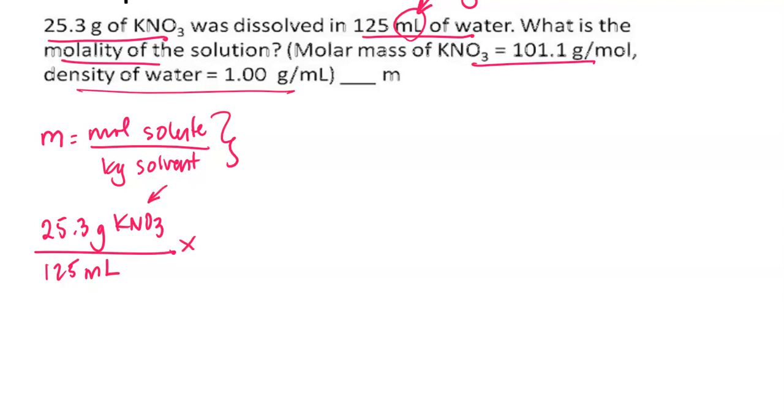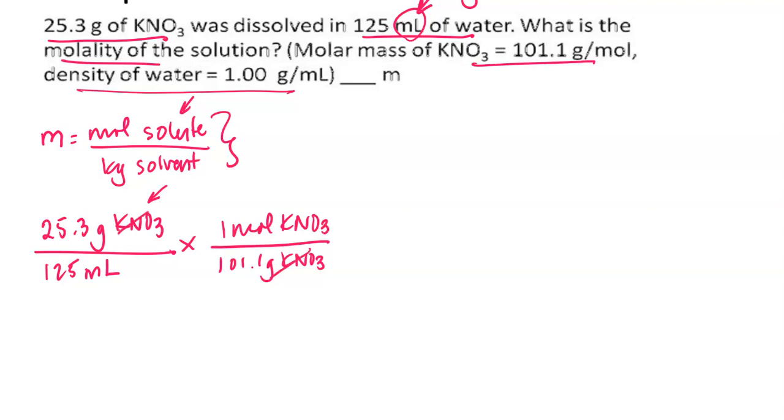Okay, now what I'm going to have to do, and I'm going to take this in parts, is start with the amount of solute and convert it to moles of solute, since I need moles of solute in my numerator to get the molal concentration. And so I'm going to divide by the molar mass of potassium nitrate to convert to moles of potassium nitrate.